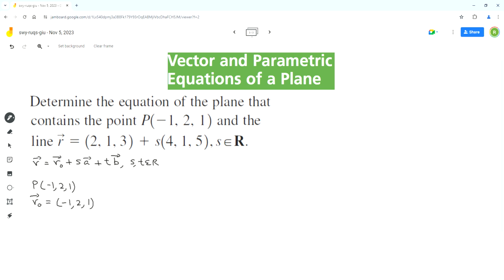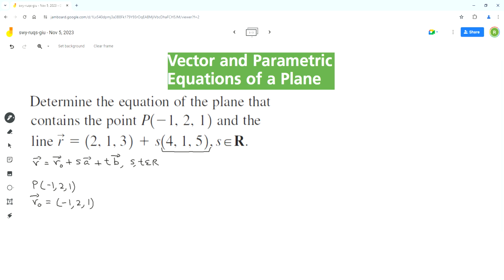Next, we should find the two non-collinear direction vectors for the plane. We are given the equation of the line in vector form and the direction vector of the line is vector (4, 1, 5). Since this line lies in the plane, this direction vector of the line can also be the direction vector for the plane.